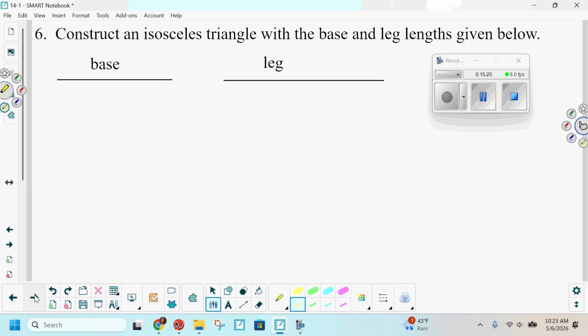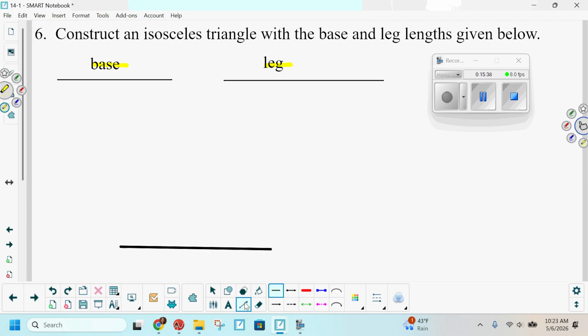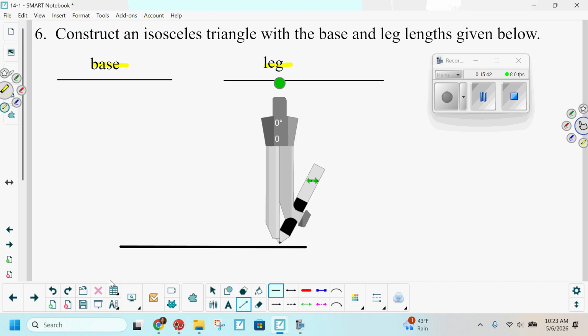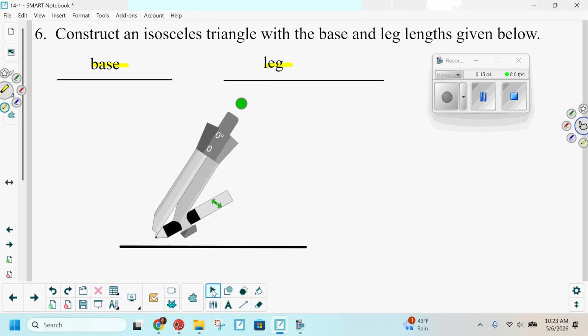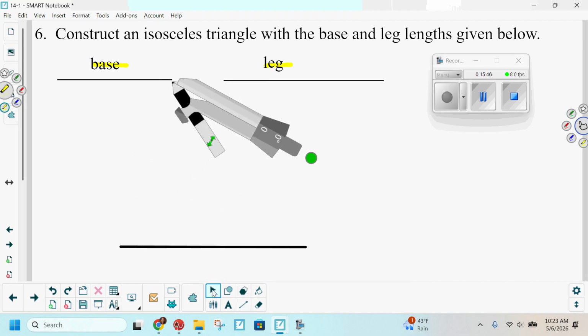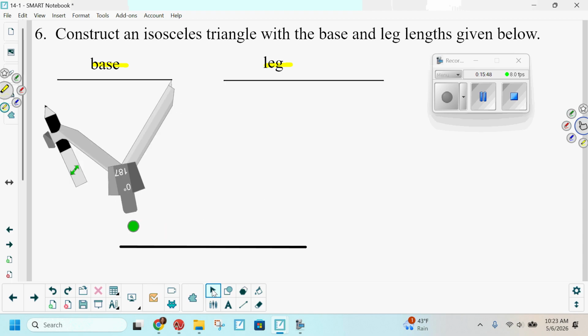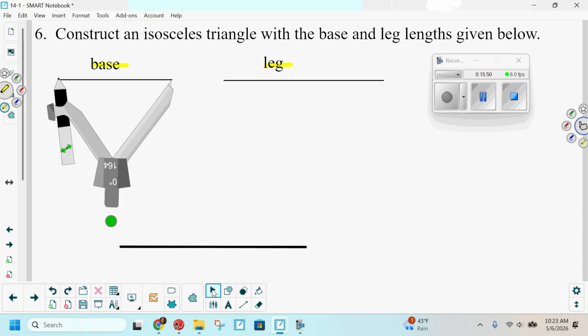Now they want us to construct an isosceles triangle with this base right here and this leg. So this isn't too bad. And you can always pause the video and try it yourself. But I'm going to make a long segment on the bottom here with my straight edge. And I'm going to measure the length of the base they want me to have. So here's my base. It's that long.